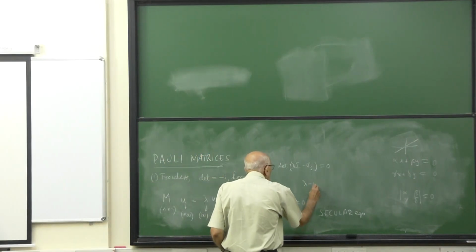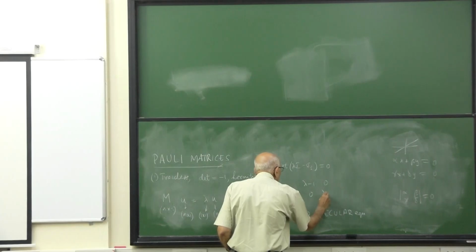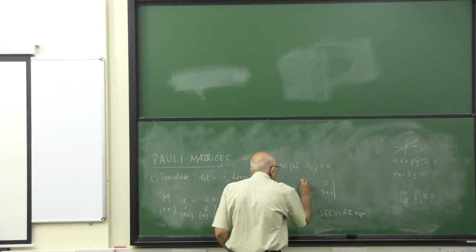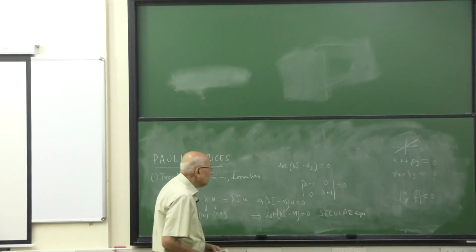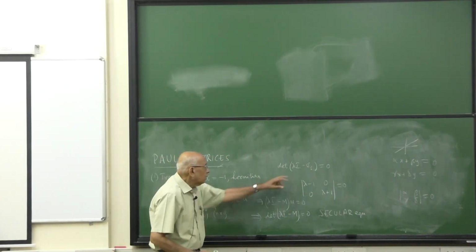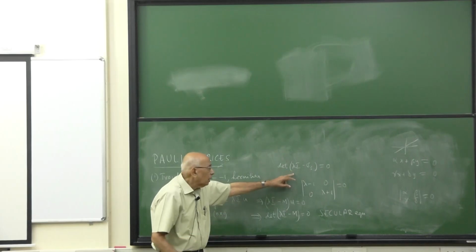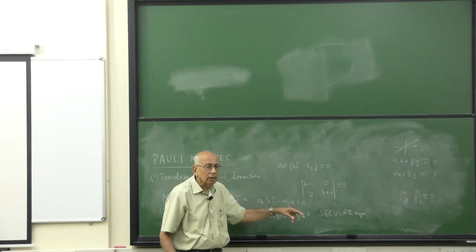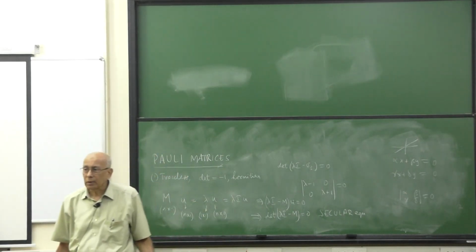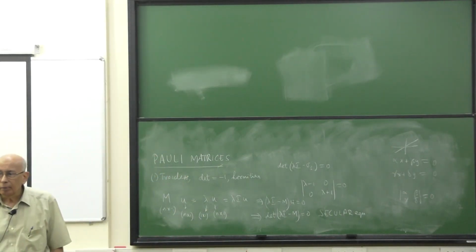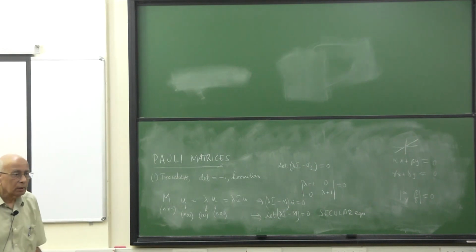So it's lambda minus 1, 0, 0. I is of course 1, 0, 0, 1 and sigma 3 is 1, 0, 0, minus 1. So this is the determinant. What's the value of the solutions of this equation? Lambda equal to plus minus 1.